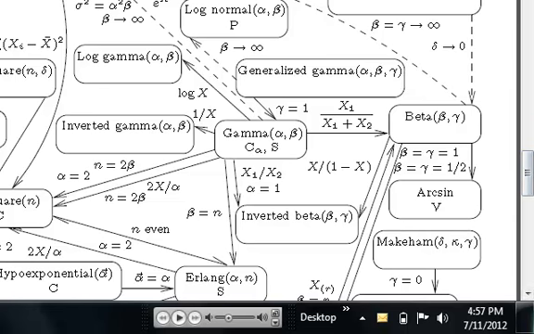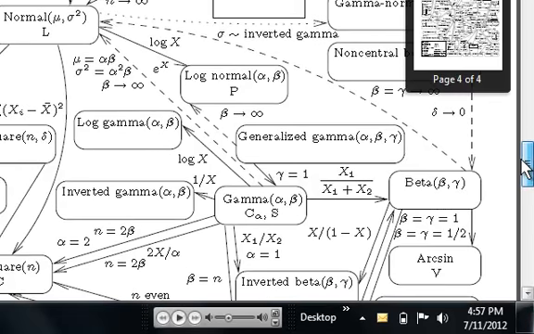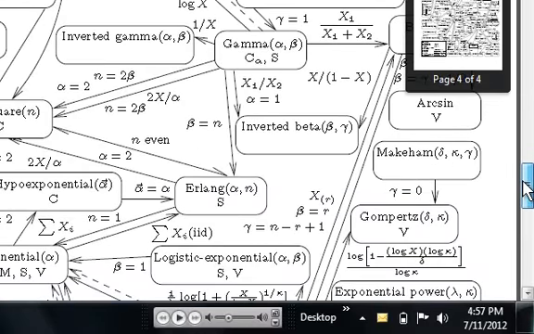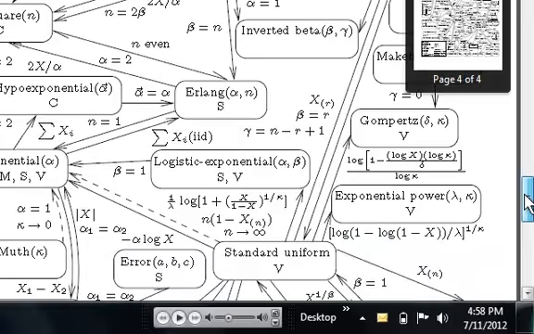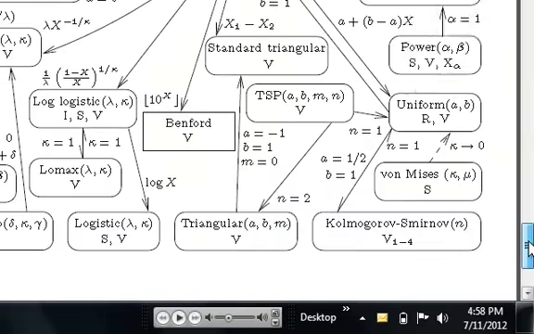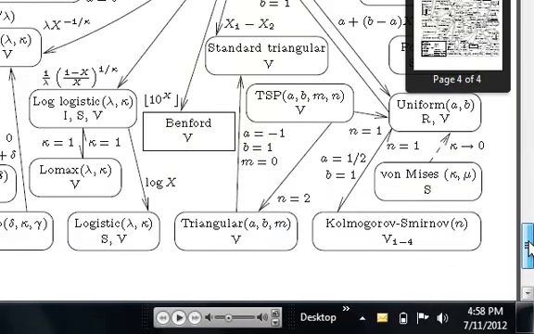Oh, that's a negative hypergeometric. Poisson binomial. Binomial goes to Poisson, right? You've already seen how those are related. Why is the geometric not around here? Whenever you find it, it should have a connection to the negative binomial. I really don't see it. Obviously it's here somewhere, but I'm just not doing a very good job.